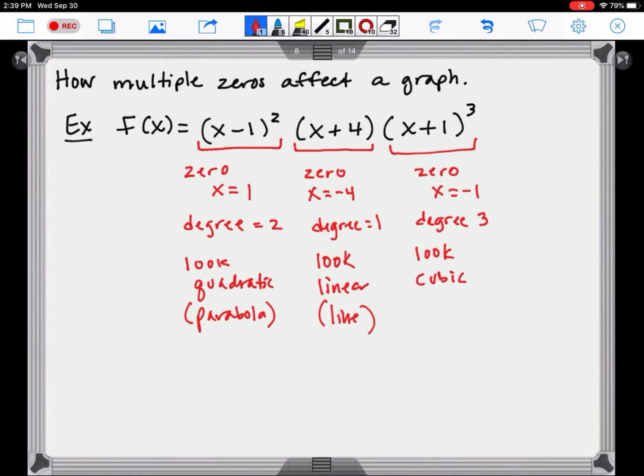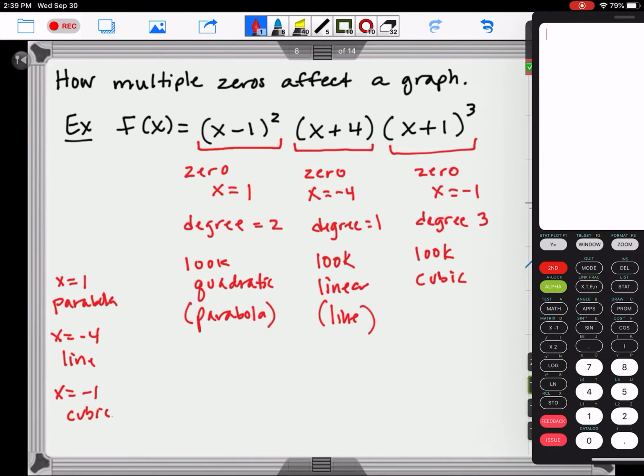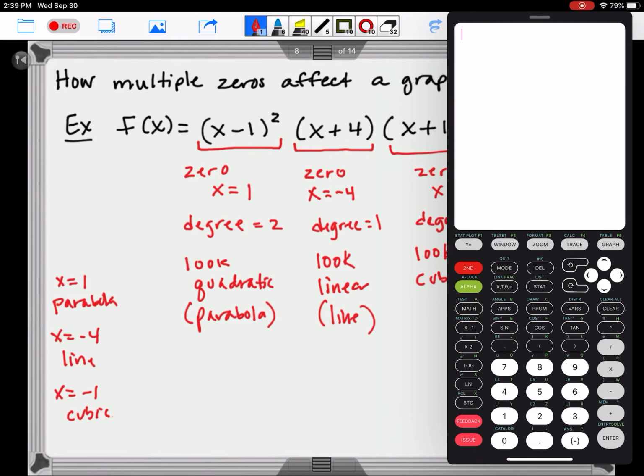Okay? So let me pull my calculator out over here, and let's keep this in mind. So at x equals 1, I'll write it here to the left, it's going to be a parabola, at x equals negative 4, a line, and at x equals negative 1, cubic. All right, so I'm going to go to y equals here.